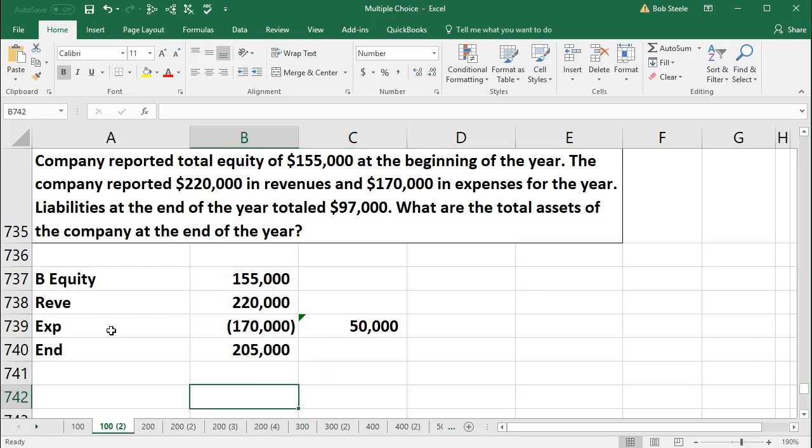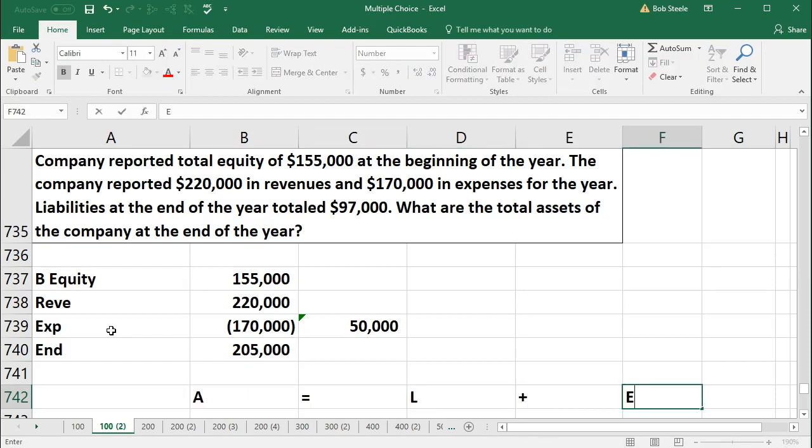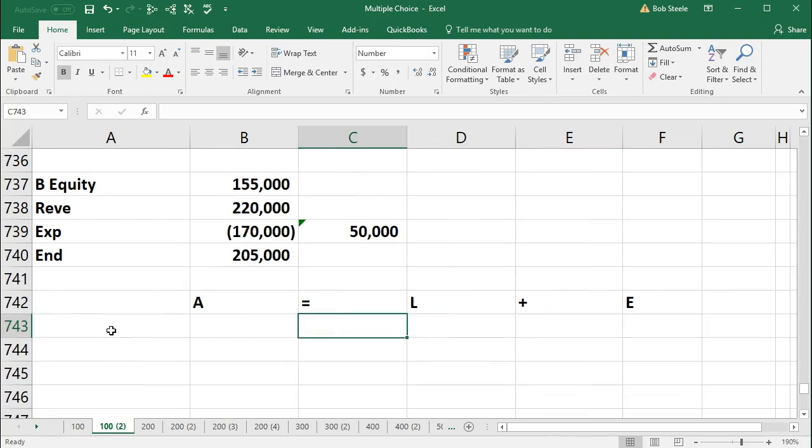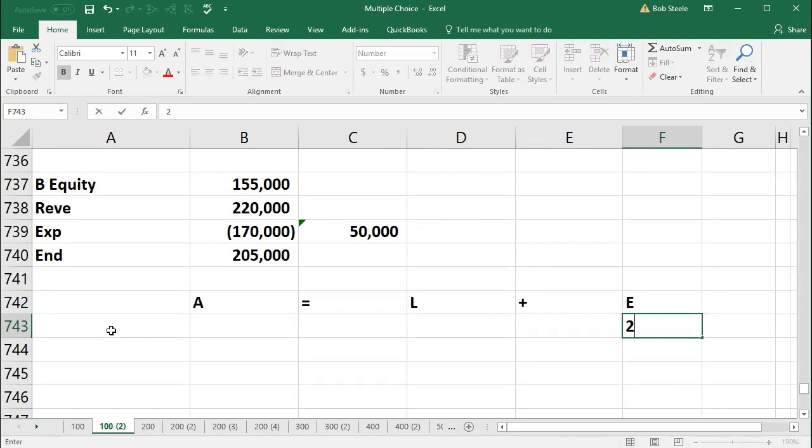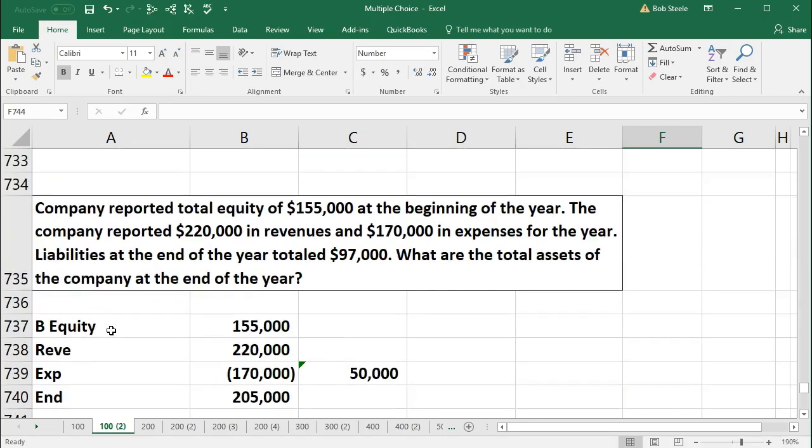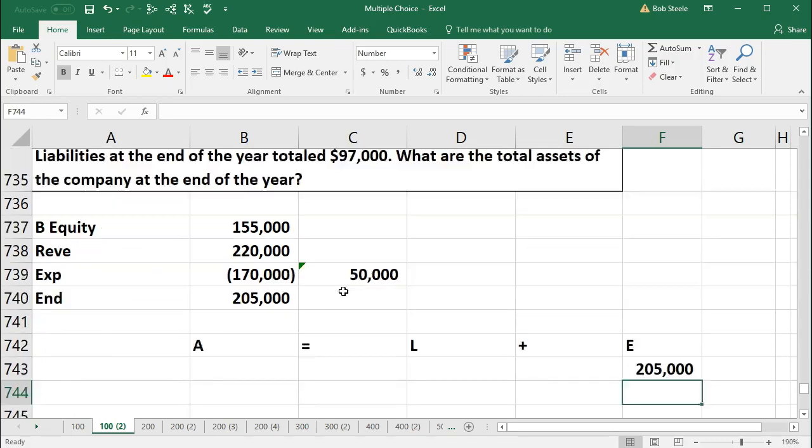Then if we're going to have our accounting equation, assets equal liabilities plus equity, we can put these numbers in, equity being 205,000. Liabilities are 97,000.